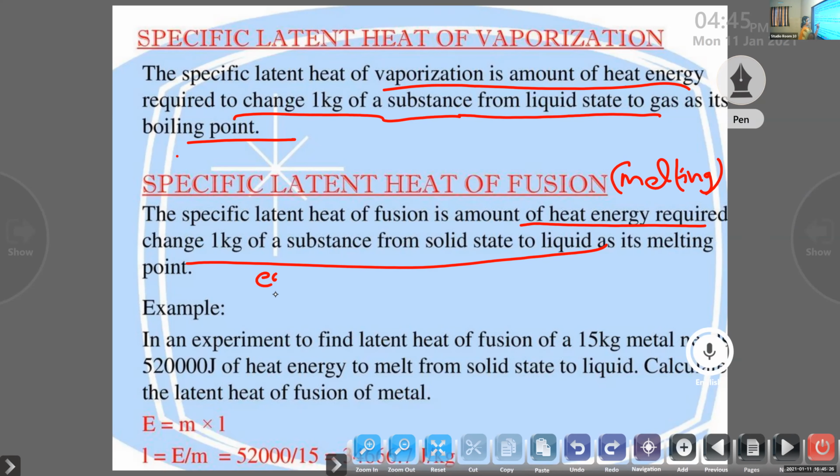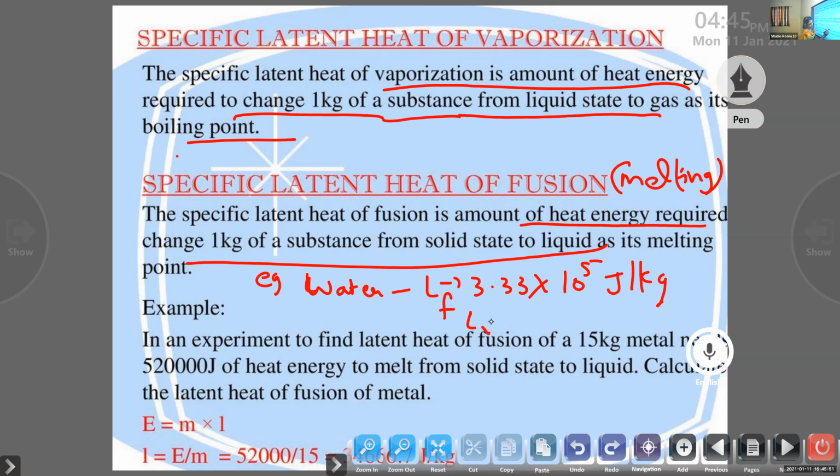It is 3.33 into 10 to the power of 5 joule per kg.